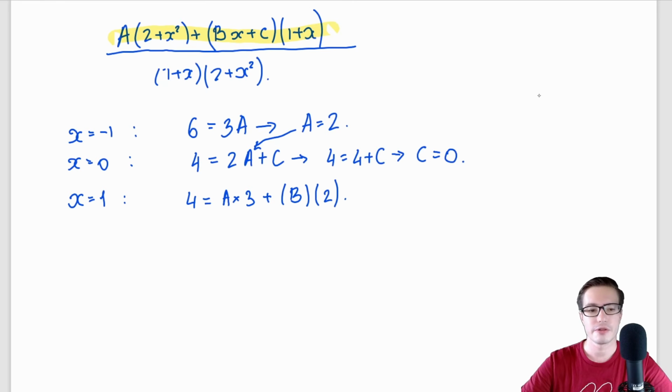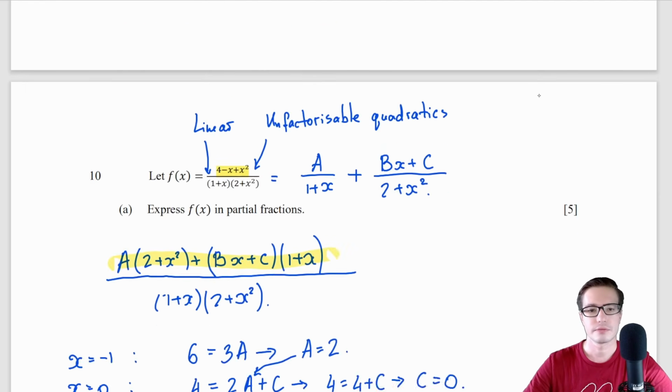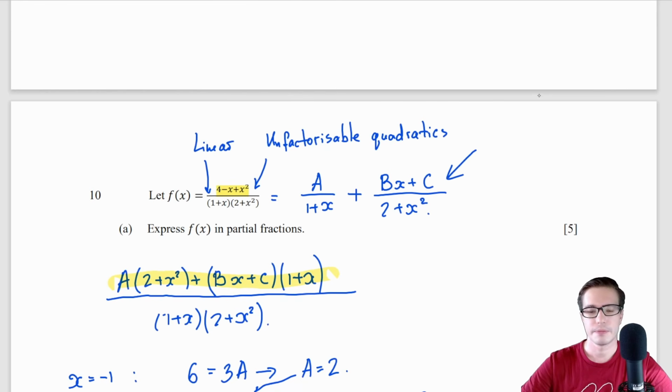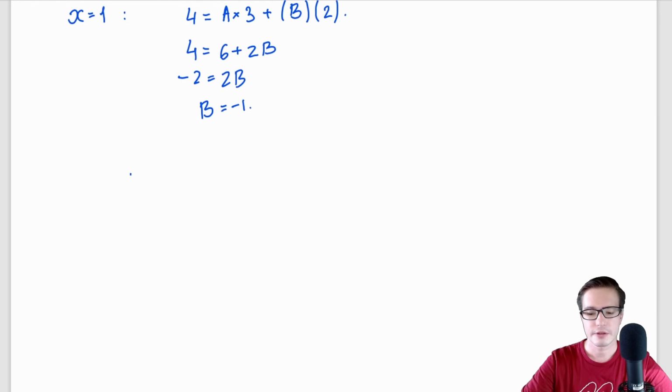We know that a equals 2, so we get 4 equals 6 plus 2b. Minus 2 equals 2b, so b equals -1. And now finally substitute all of that into here. And we will get 2 over 1 plus x minus x over x squared plus 2.